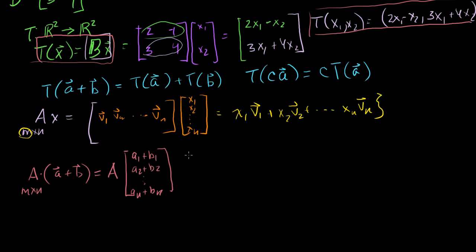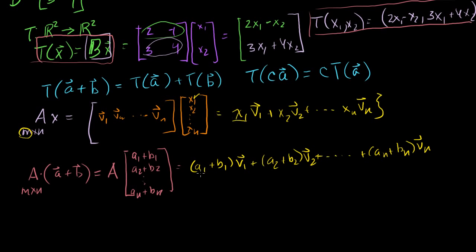Based on what I just told you up here, which we've seen multiple times, this is the same thing as a1 plus b1 times the first column in A, which is v1, plus a2 plus b2 times v2, all the way to plus an plus bn times vn. All I did is replace each xi term with an ai plus bi term.